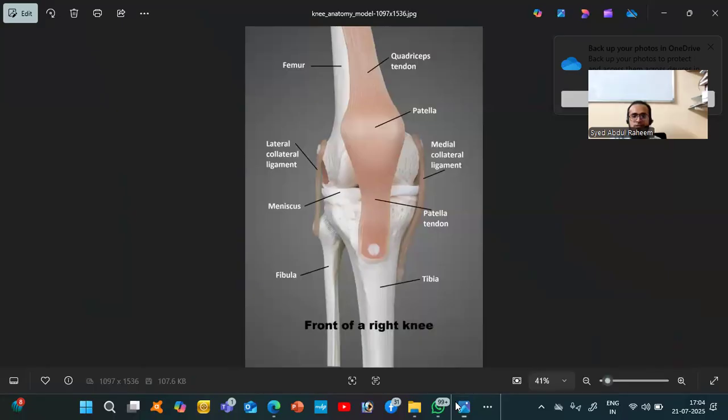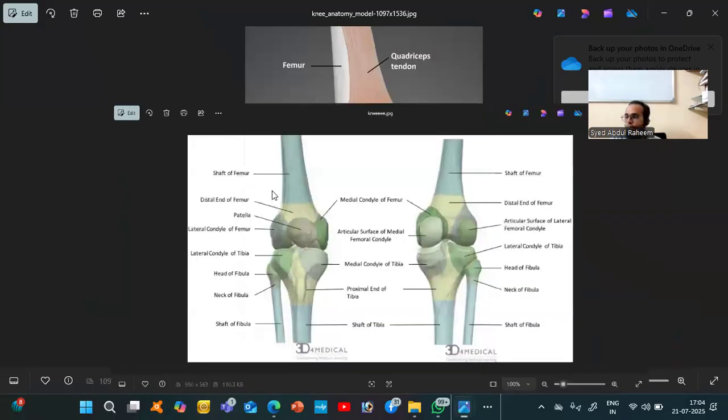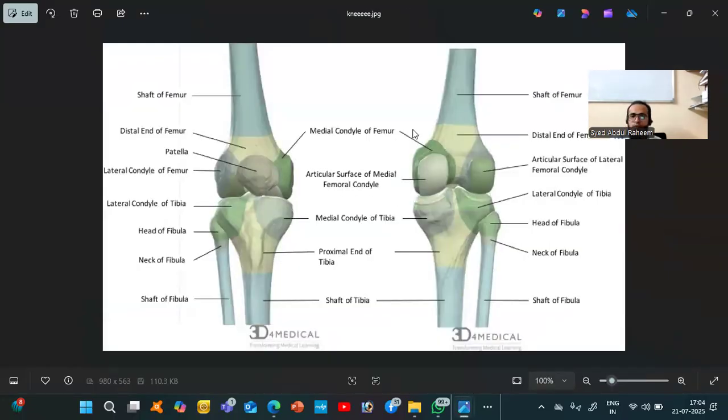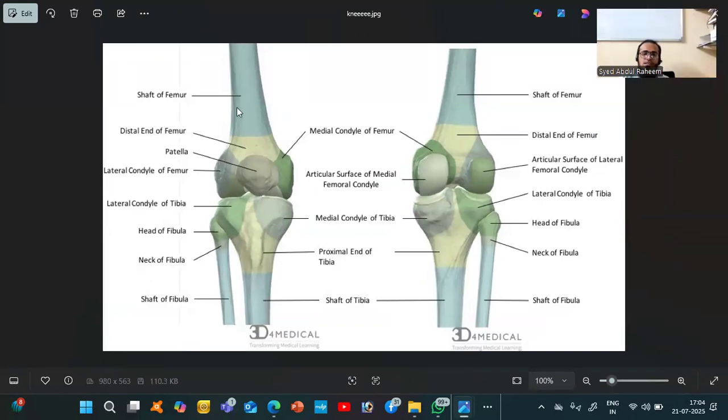Second, you can see this here, which is very detailed. This is the femur bone, tibia bone and fibula bone. This is the patella bone, the front patella. This is the back side and this is the front side.